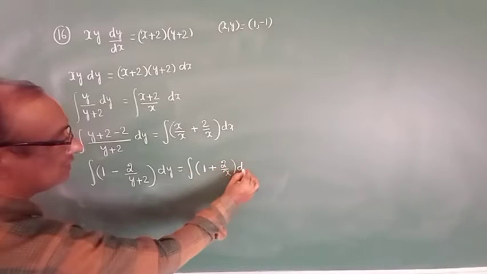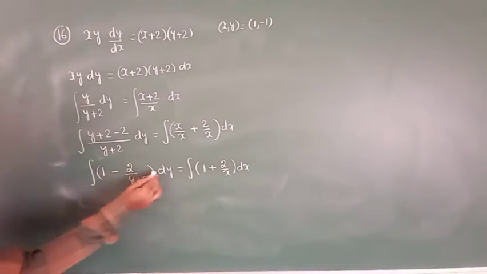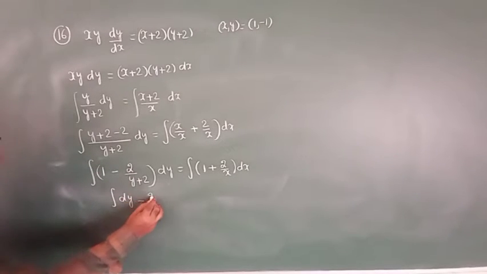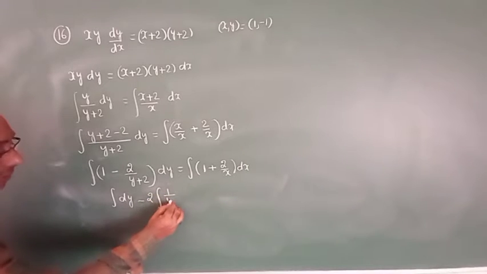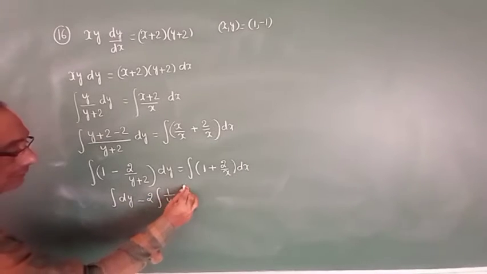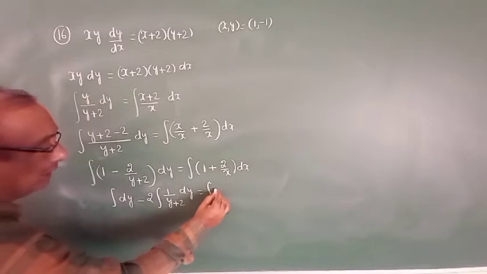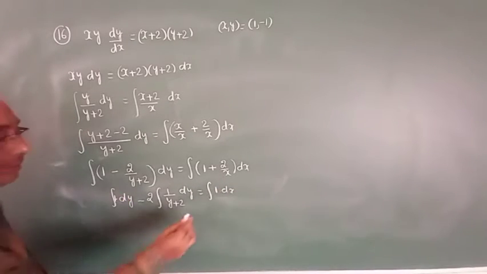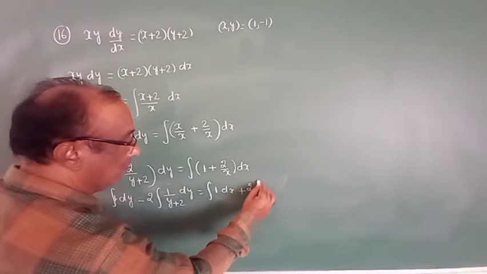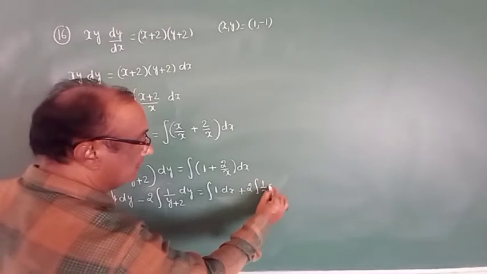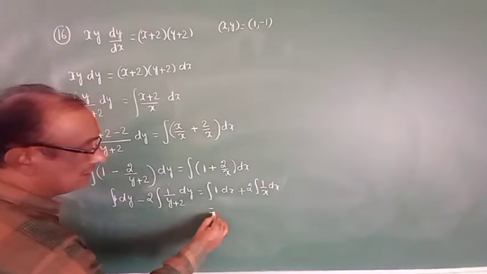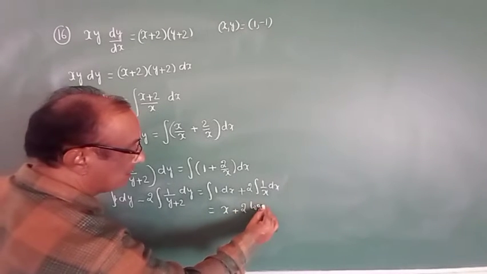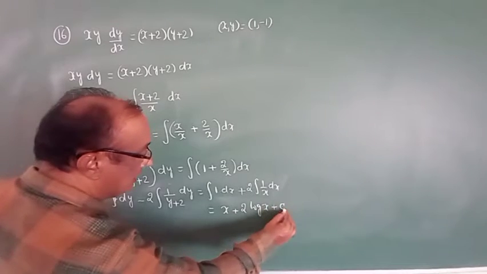Separate the integrations: 1 into dy integration, 2 outside 1 by y plus 2 into dy, equals 1 into dx plus 2 outside 1 by x into dx. First write this is x, this is 2 into 1 by x which is log x, plus the integral constant c.